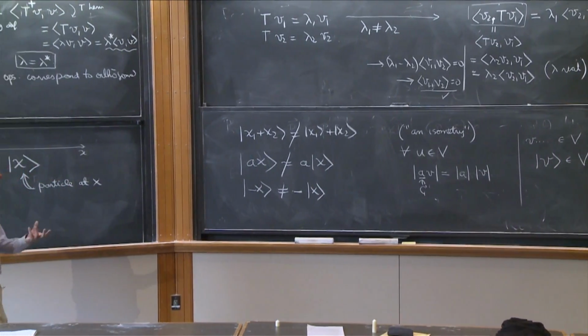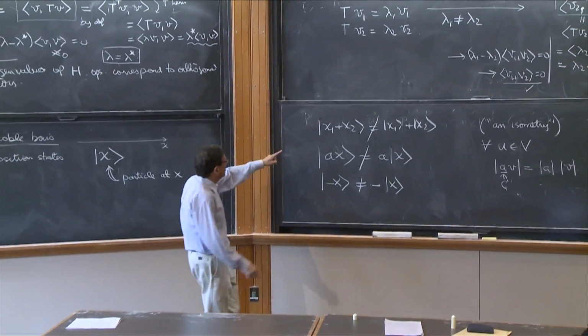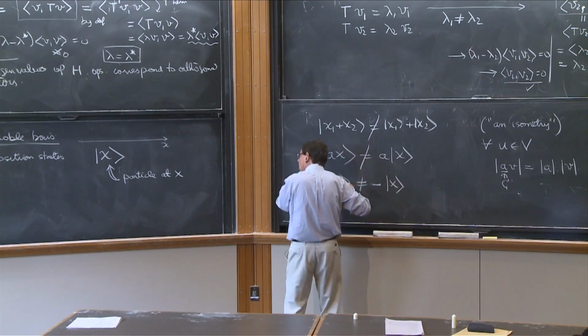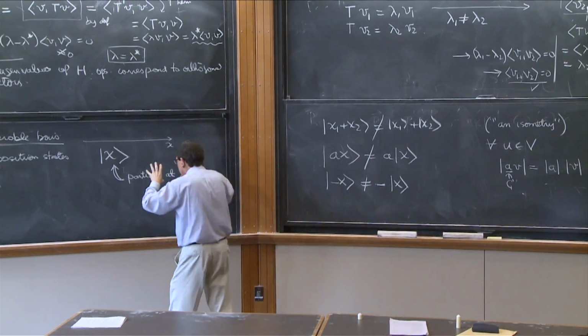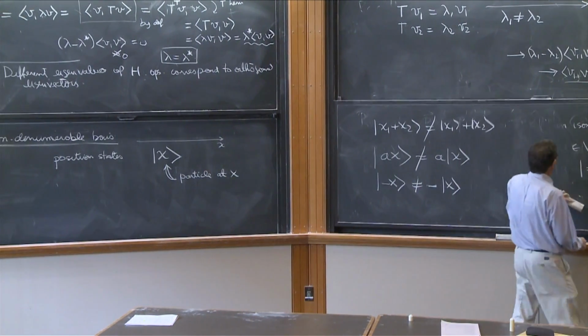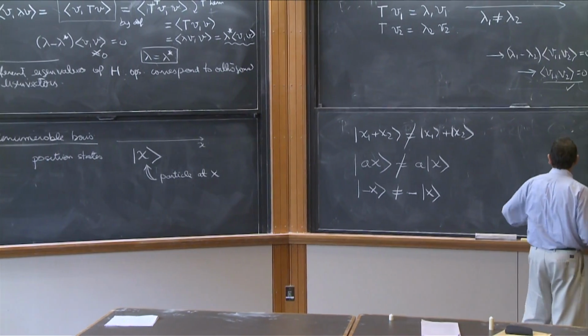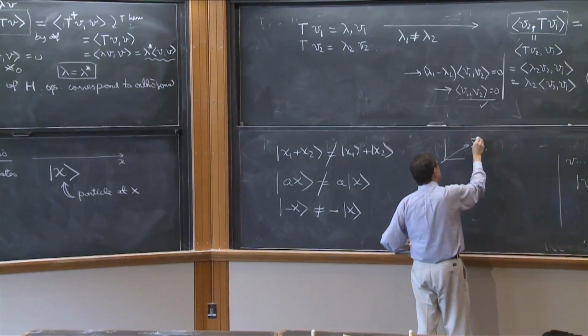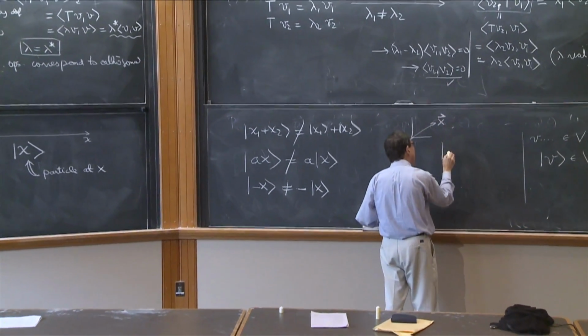And the reason is that these things are not our vectors. Our vector is this whole thing that says a particle at x. Maybe to make a clearer impression, imagine you're in 3 dimensions and you have an x vector.